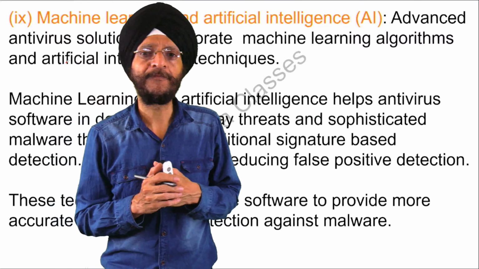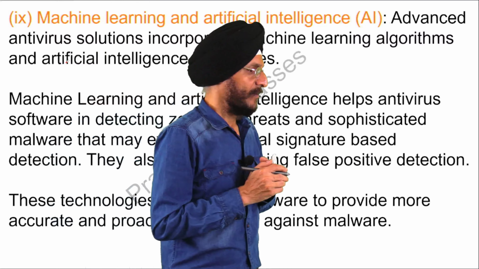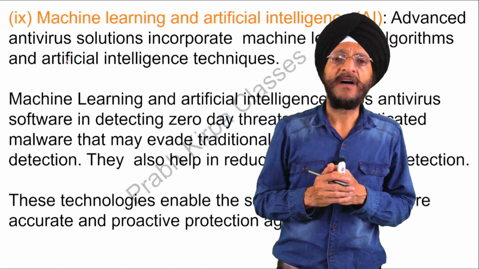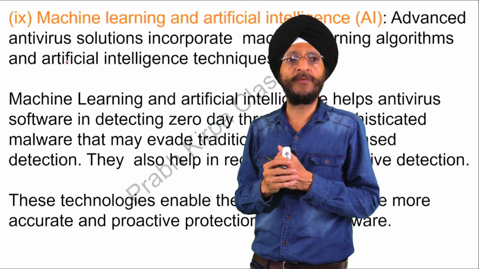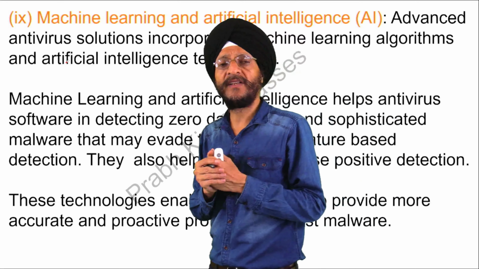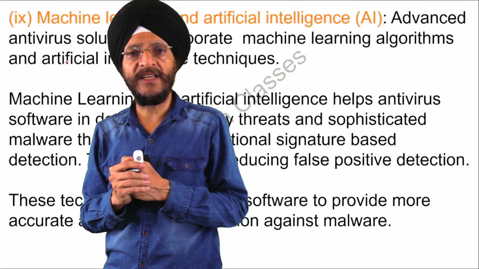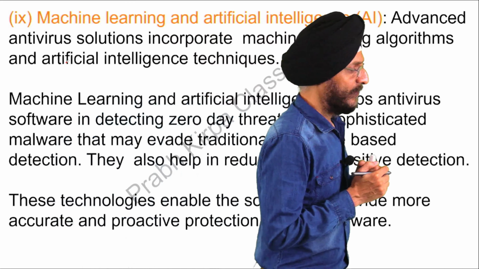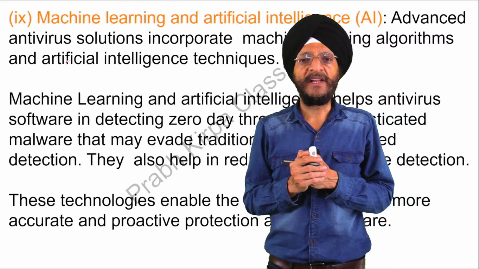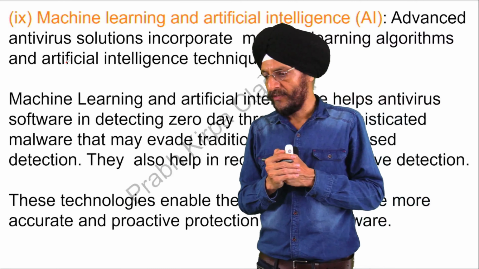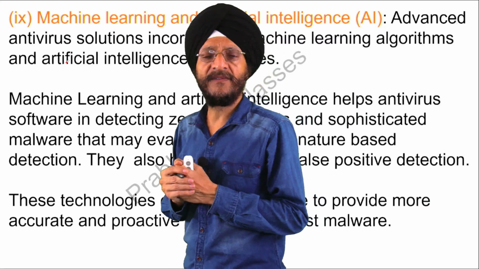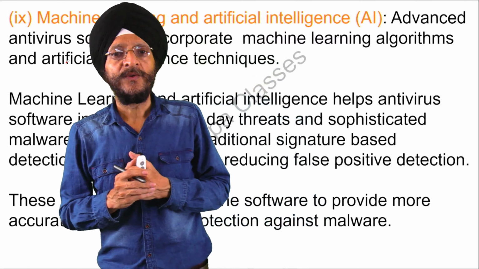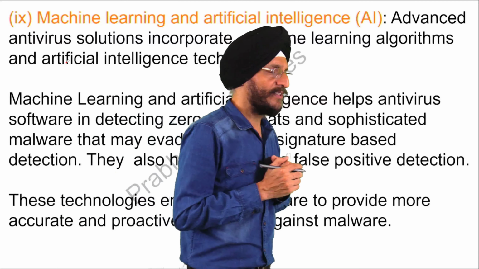In the same way, software vendors are also making use of machine learning and artificial intelligence so that they may defend computer systems and other devices from the cyber attacks of the cyber criminals.